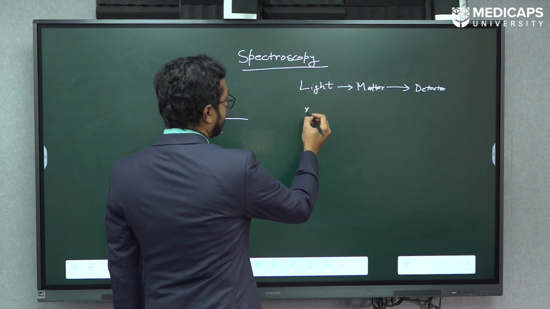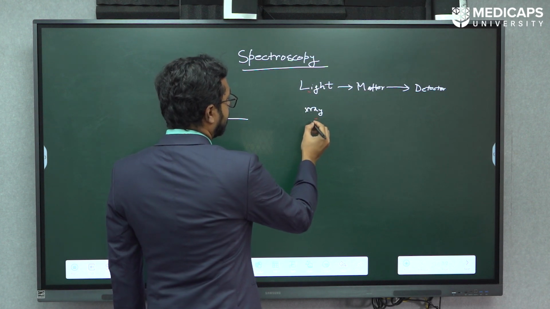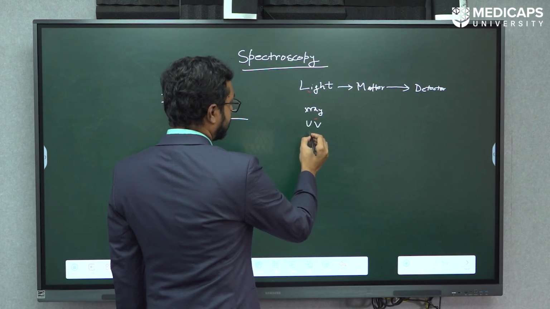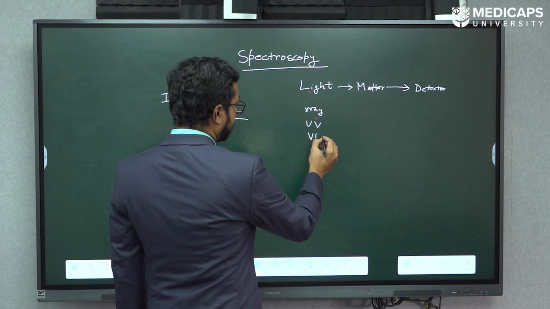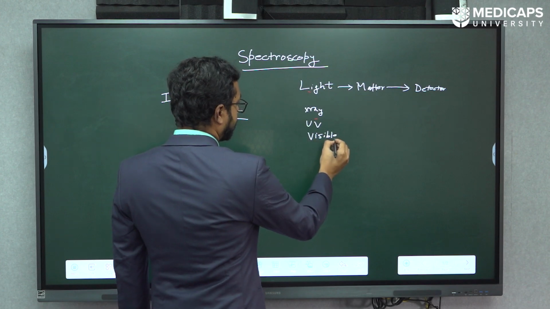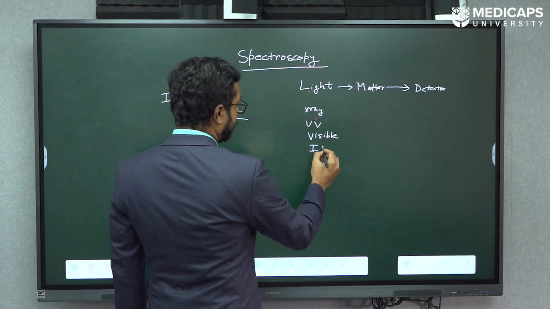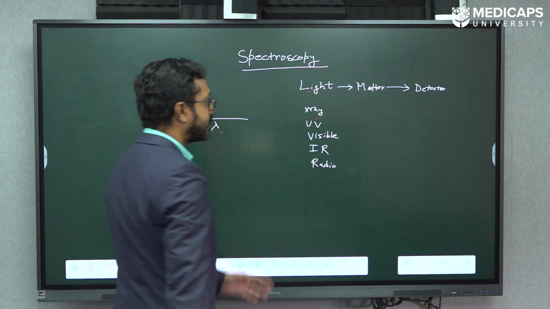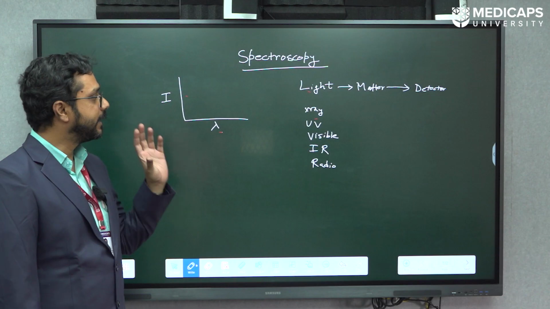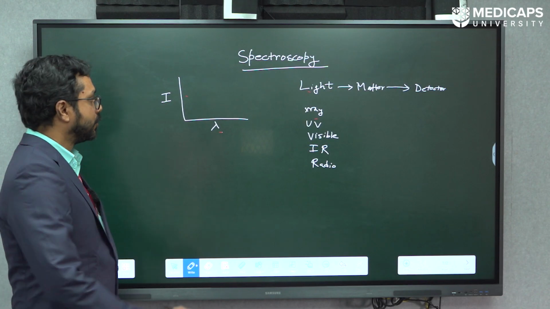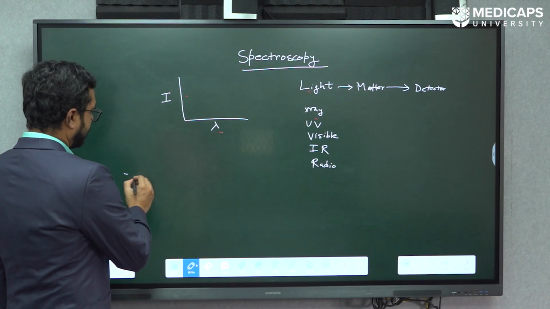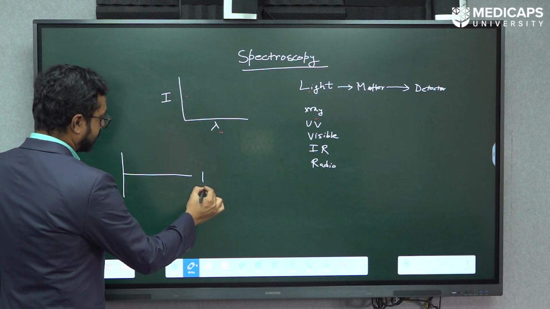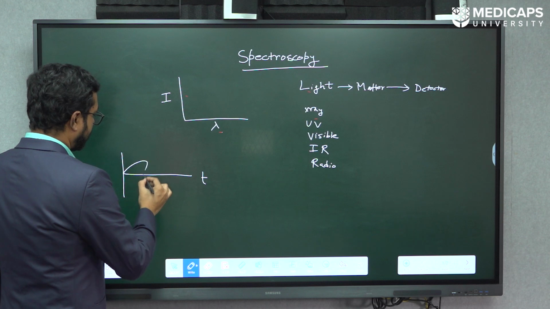It might be X-ray, UV, ultraviolet, visible, infrared, radio frequency. These are all electromagnetic waves, meaning electric field and magnetic field propagating as a function of time perpendicular to each other.